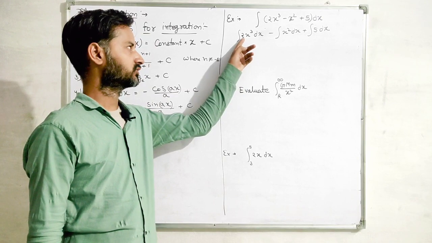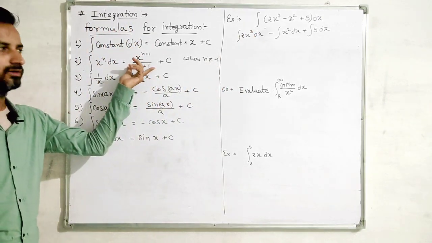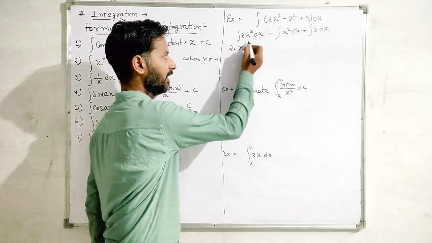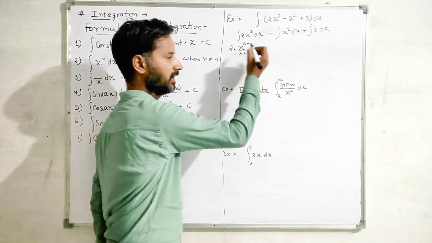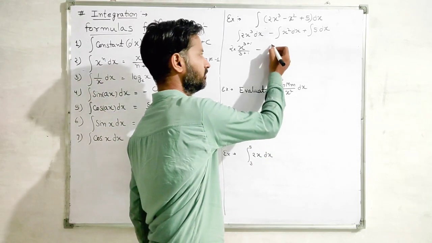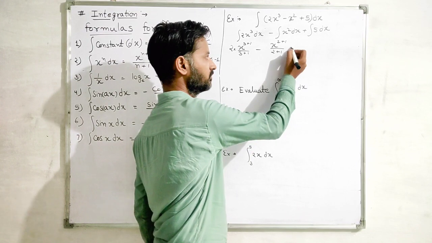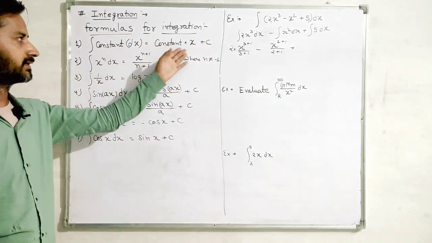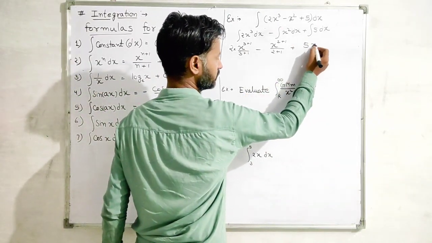This 2 is a constant, so it will come out, and x to the power 3 by this rule becomes 2 multiplied by x to the power 3 plus 1 divided by 3 plus 1, minus integration of x to the power 2, which becomes x to the power 2 plus 1 divided by 2 plus 1, plus 5 dx. The constant multiplied by dx becomes constant multiplied by x, so it will be 5x.